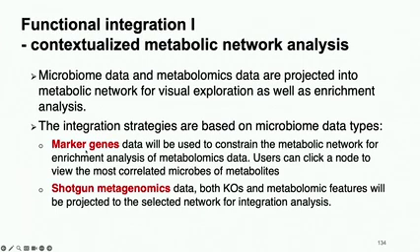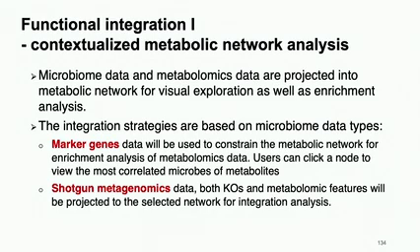If it's marker gene data, you can identify these microbes, and these microbes actually have their metabolic reaction networks. We can use them when they're present; we keep their pathways. When they're not detected, we just remove them. So the marker genes help you to contextualize the KEGG network.